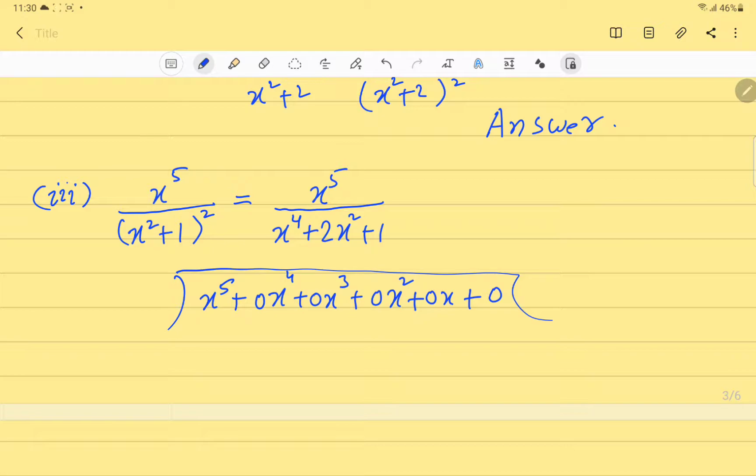Now here we will be writing x^4 plus 2x squared plus 1.